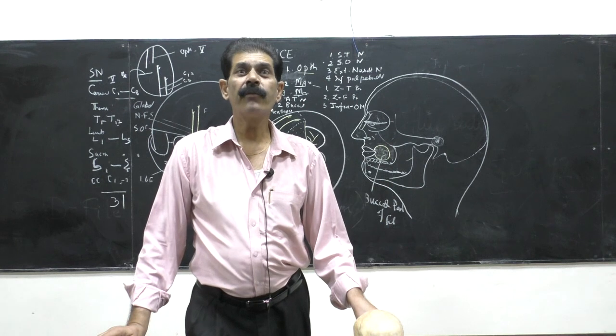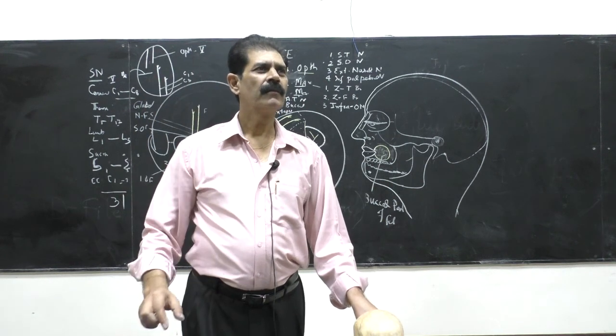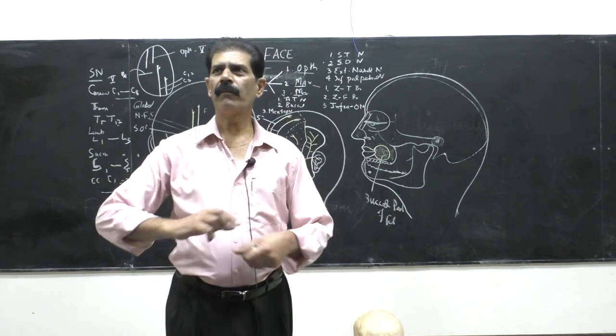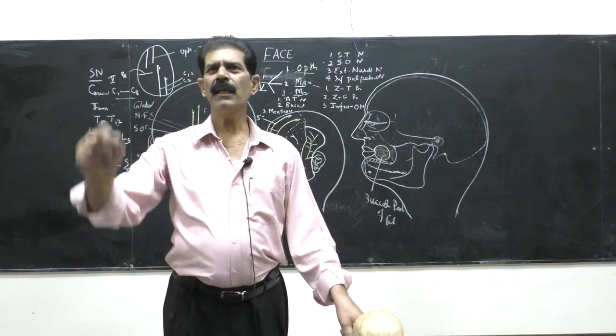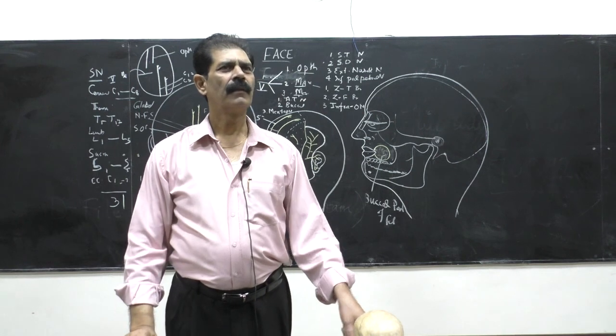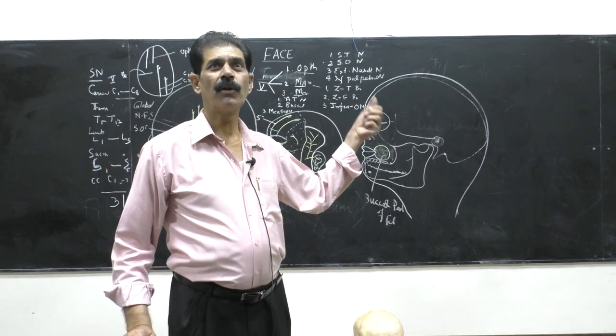Make a full diagram on a full page. Don't make a small diagram as you have in your book. Try to make a big diagram like me: a full page, large, clearer diagram. And bring colored pencils right into the lecture theatre. Nerves are yellow. Who will make nerves red? 0 marks.